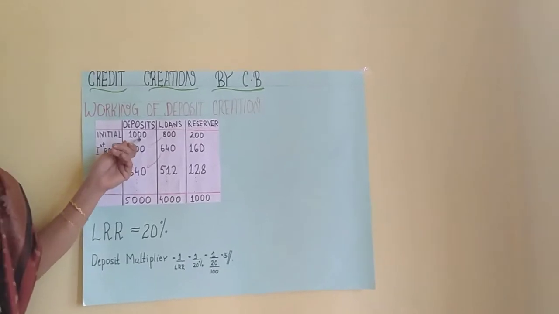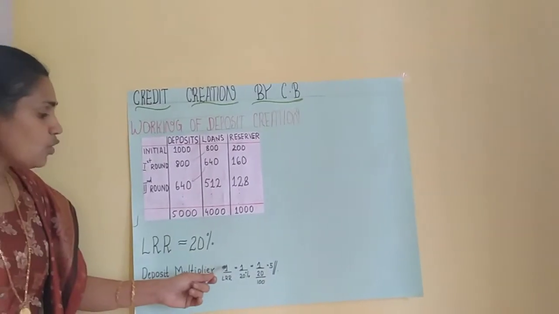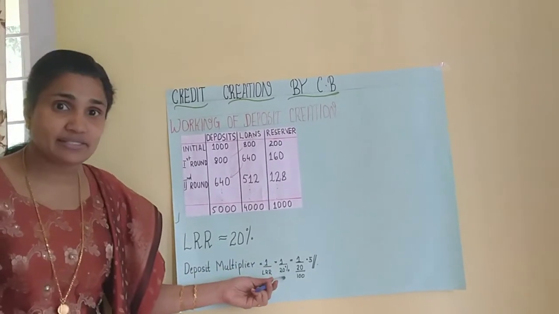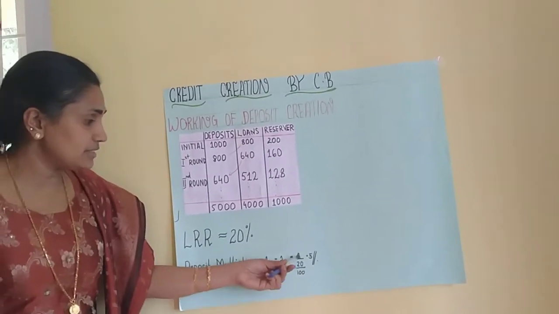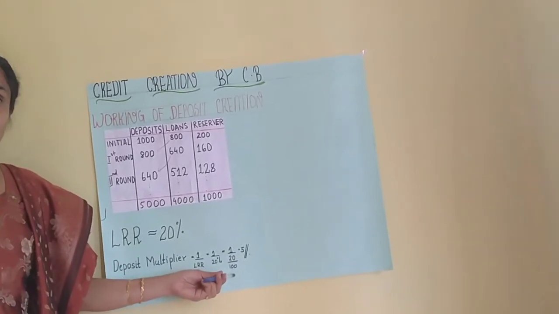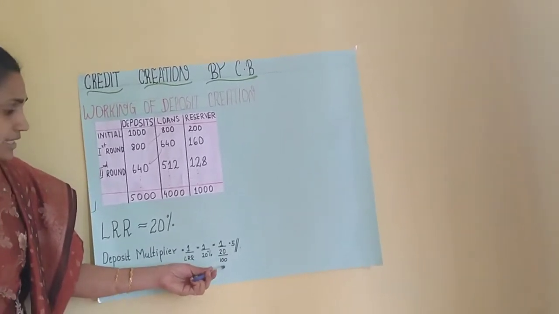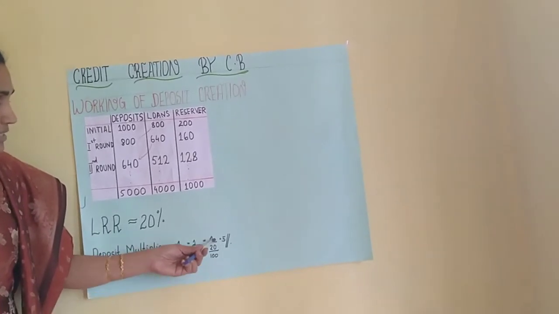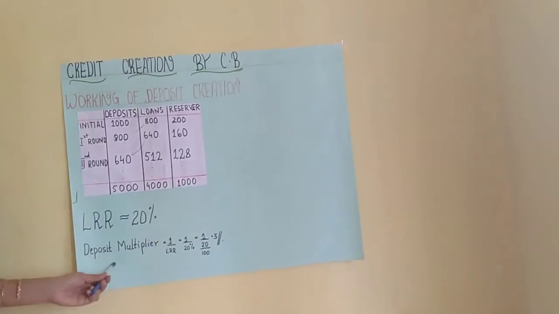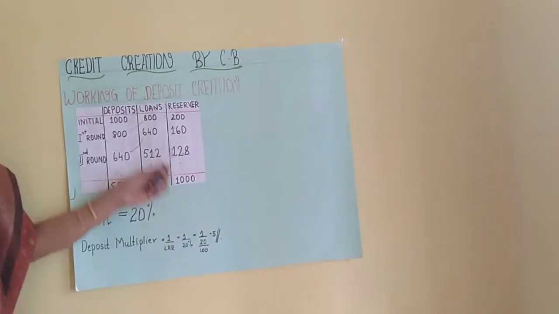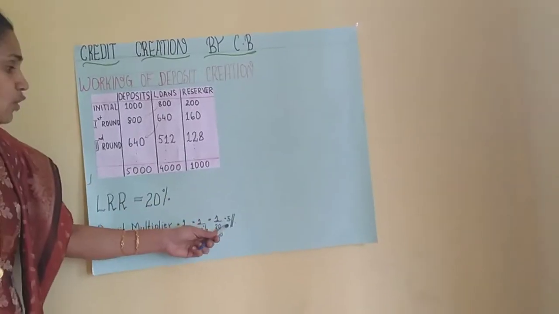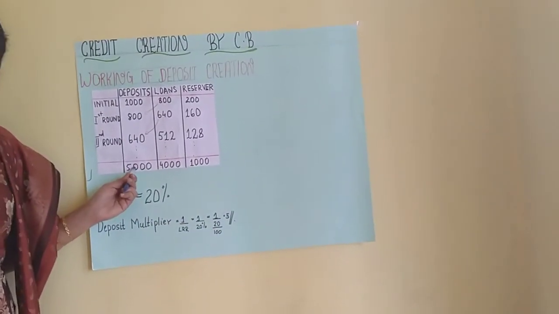Deposit 1000 into 1 by LRR. 1 by LRR is 1 by 20%, which is 1 by 20 by 100. You learned the reciprocal in maths. That means 1 by 20 by 100 is 100 by 20, that is 5. We get a deposit multiplier of 5. This deposit into the deposit multiplier, 1000 into 5, is 5000.